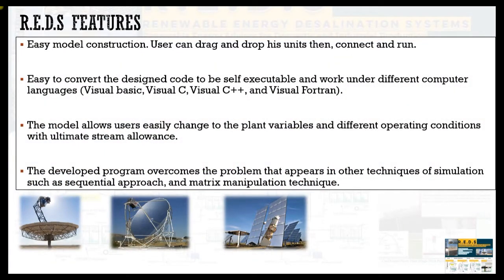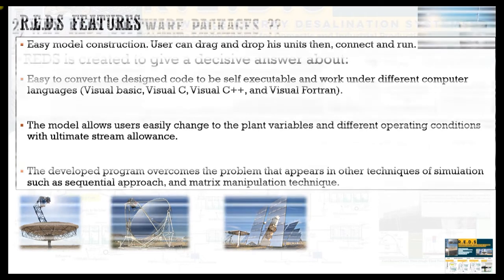It has some features: easy model construction, the user can drag and drop units, connect them and run. It is easy to reform your model, and it is fully editable. It is easy to convert your design model to different computer languages such as Visual C++ or Visual Basic. The model allows users to easily change the plant variables and different operating conditions: dynamic mode, transit mode, fixed point mode, and so on.